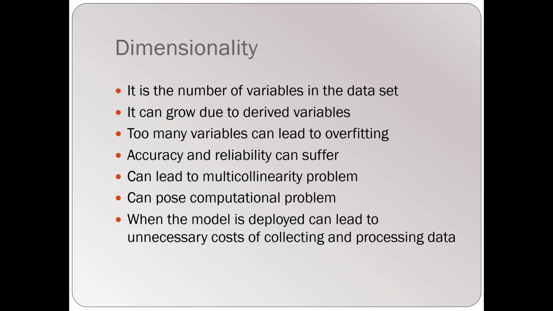So if you have too many variables, you end up modeling the random variations rather than the underlying relationship between the variables and the target. So that's a reason to avoid overfitting. And of course, when you do overfitting, you end up with problems of accuracy and reliability.